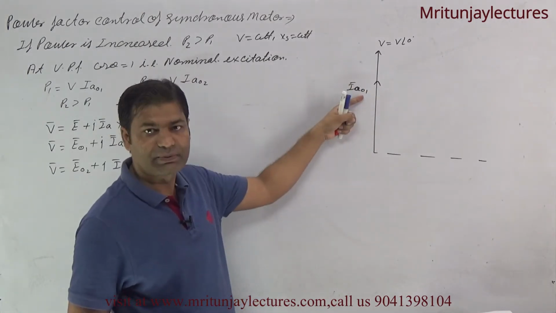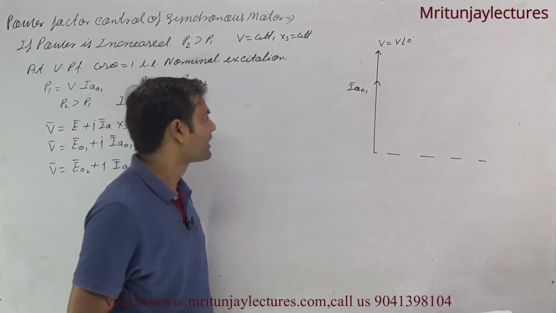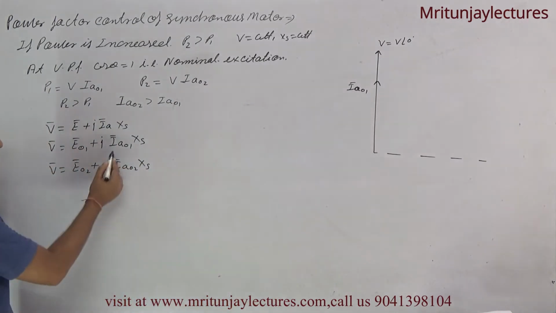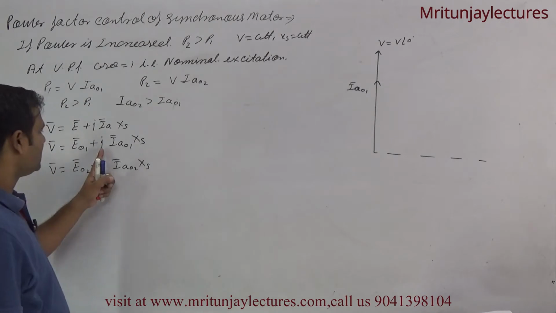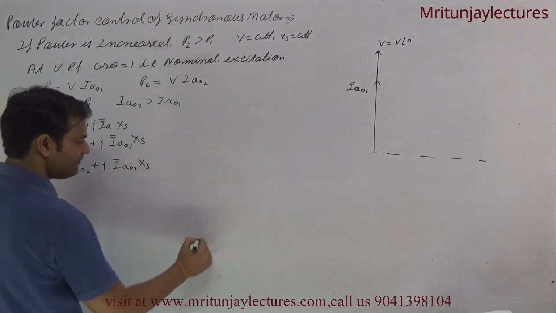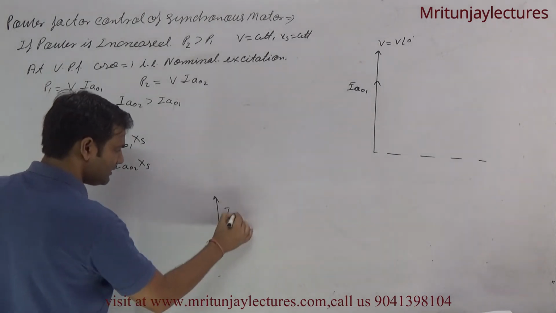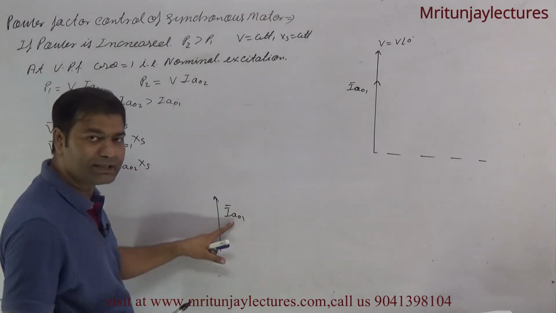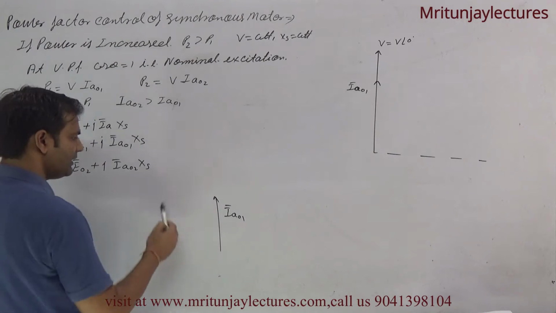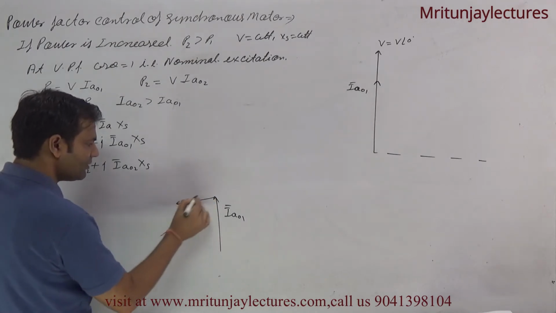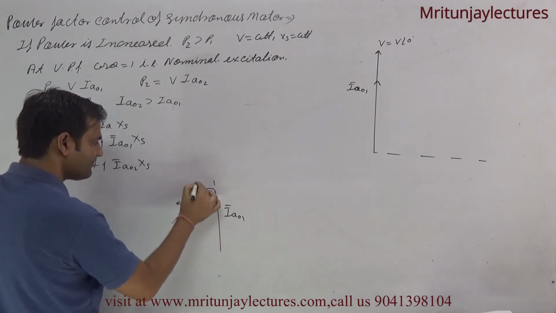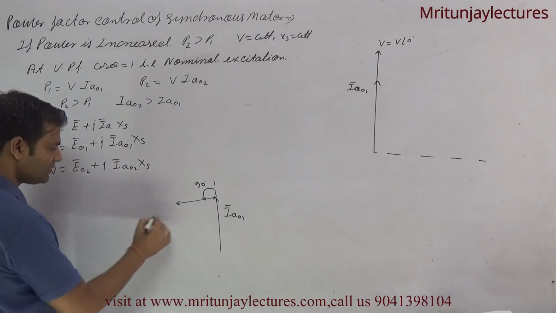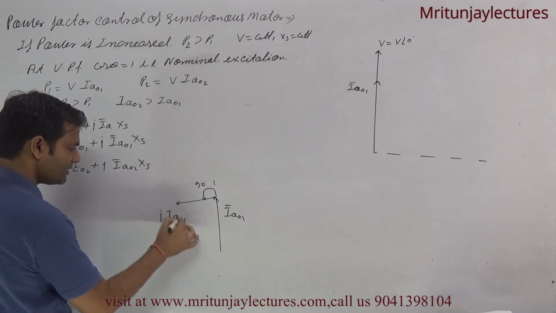So IA01 is represented like this. And for the voltage drop, what about j into IA01? It is rotated 90 degrees anti-clockwise.